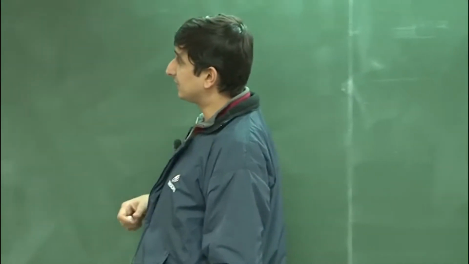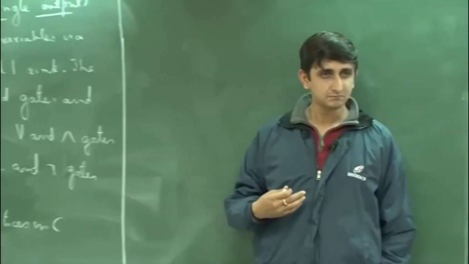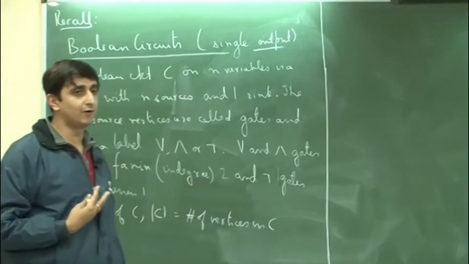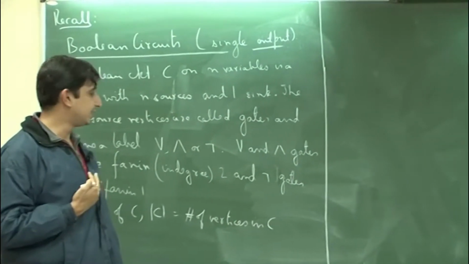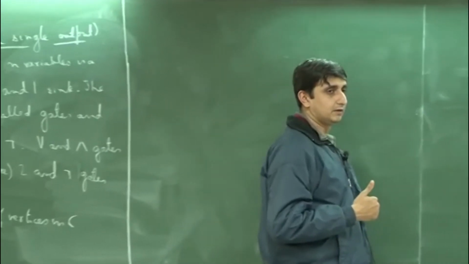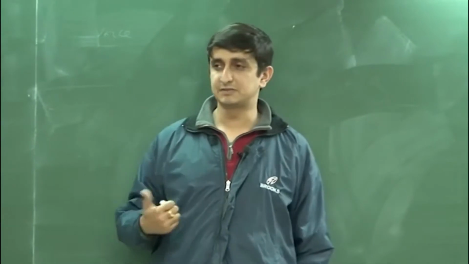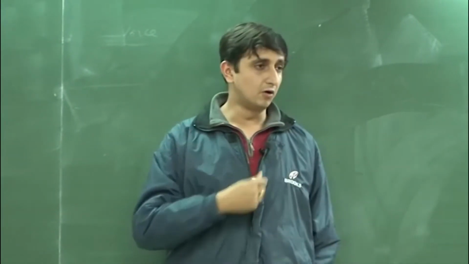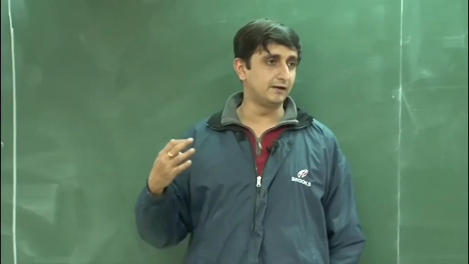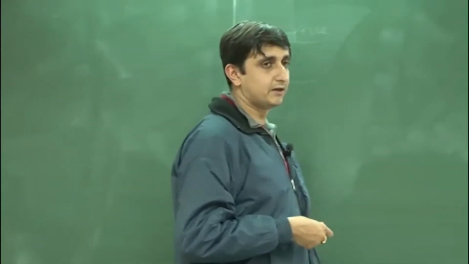Yeah, so let us carry on with our discussion of circuit complexity. We began yesterday by discussing the non-uniform model of computation, where instead of requiring just one machine to compute some function for all strings in a language, we have a family of machines, or in this case a family of circuits, which computes a language.